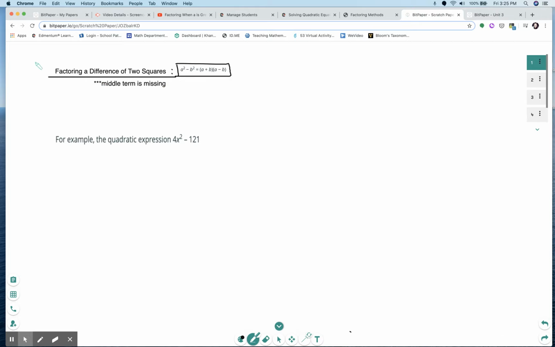In your notes, go ahead and write "factoring a difference of two squares" as your title. Make sure to have this formula up at the top, handy. That's the formula we're going to be using. I would write it as (a) squared plus (b) squared, with those in parentheses, so I'm rewriting it like this.